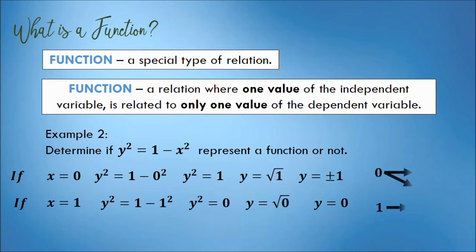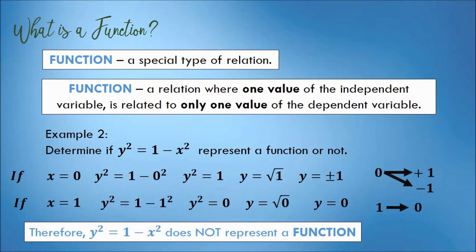As you can see, although 1 corresponds to 0 only, the value of 0 corresponds to two values of y, positive 1 and negative 1. Therefore, y squared equals to 1 minus x squared does not represent a function.